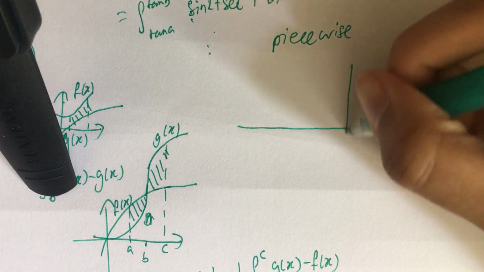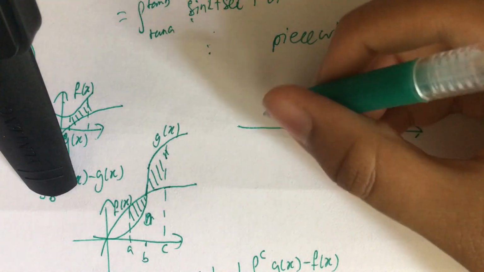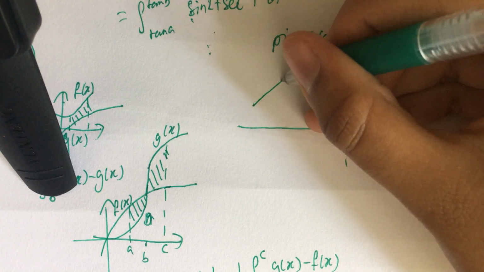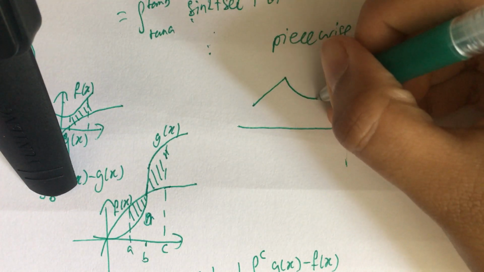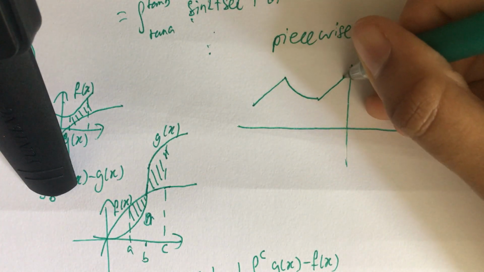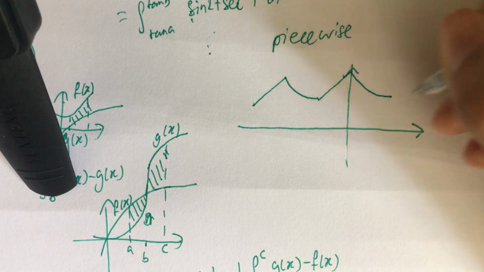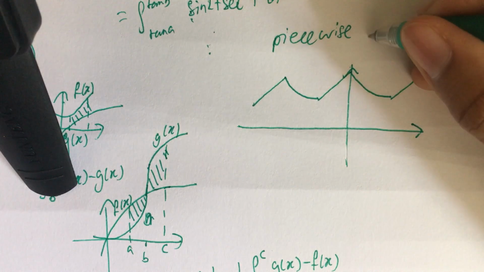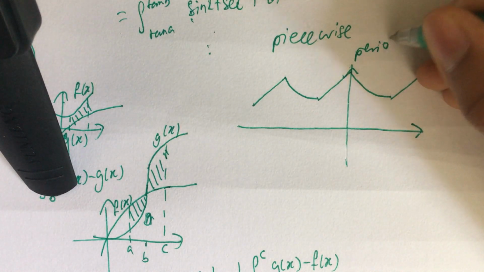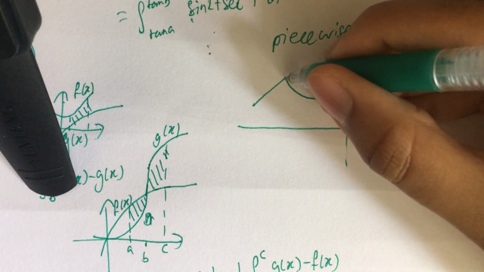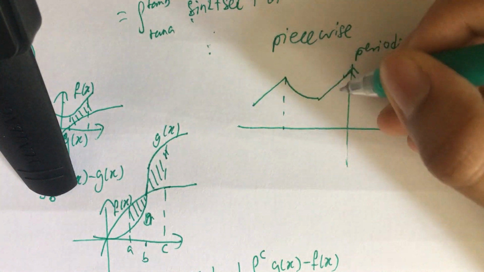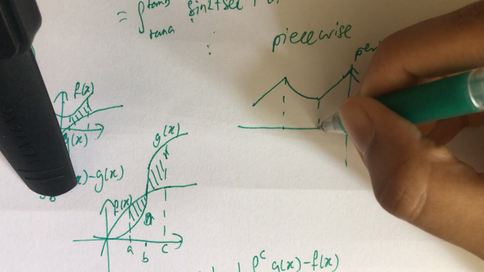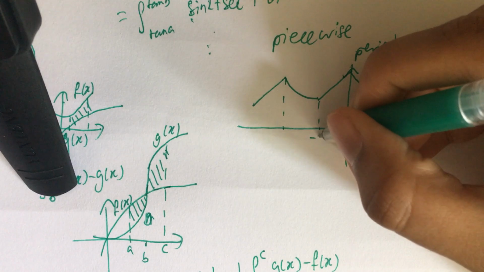If you were to do it over a certain periodic range, you must be careful to see how many times you have to add that up, because if you don't do it correctly, then you end up messing it up. So just be careful about that.